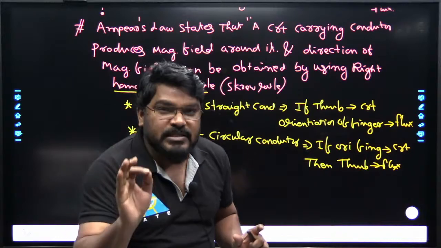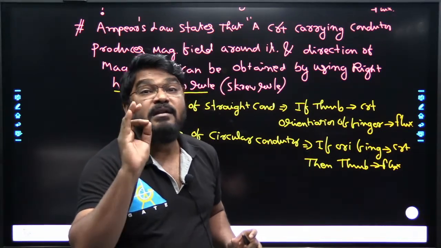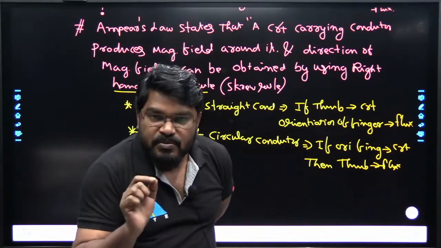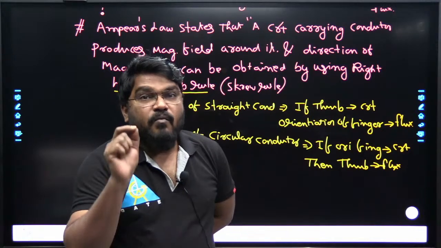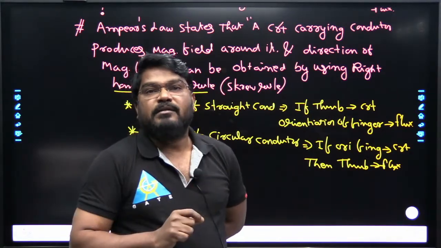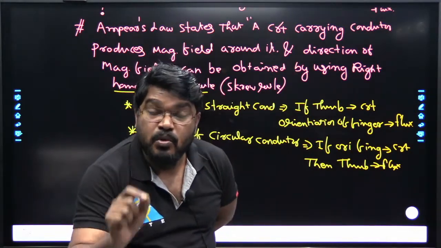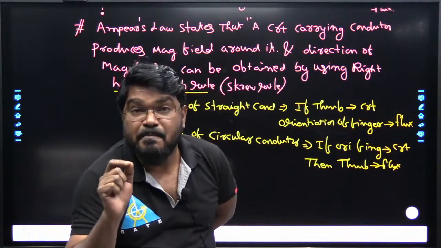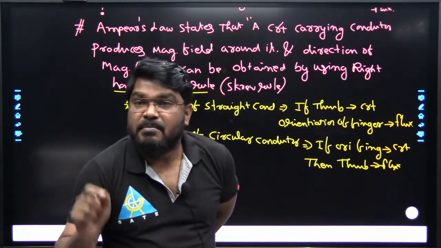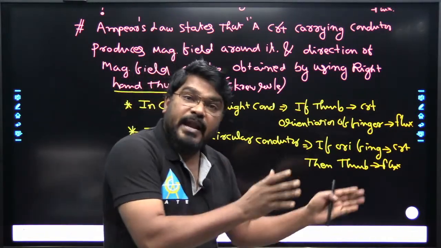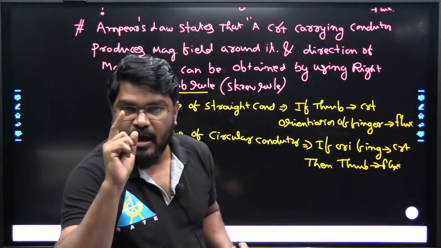So this is about the right hand thumb rule. What is the purpose of the right hand thumb rule? It is used to find the flux direction in case of the straight conductor as well as circular conductors. All of it clear?